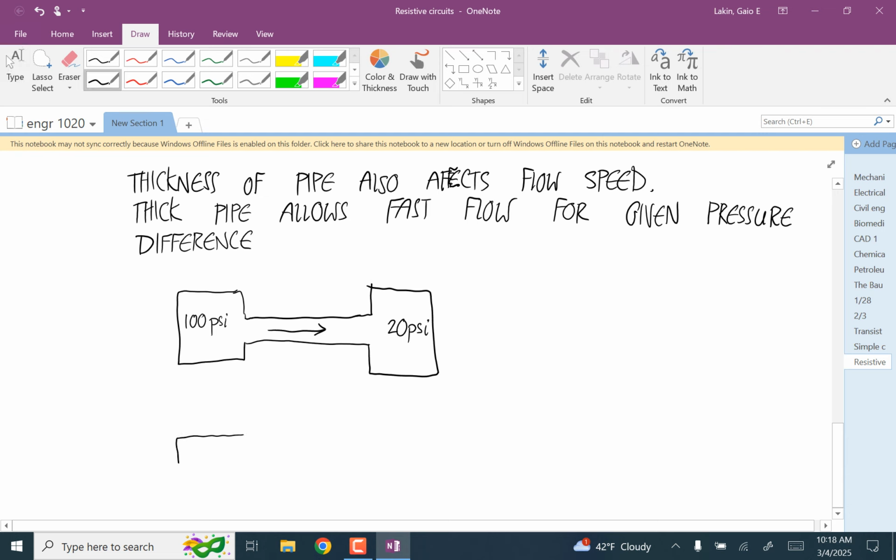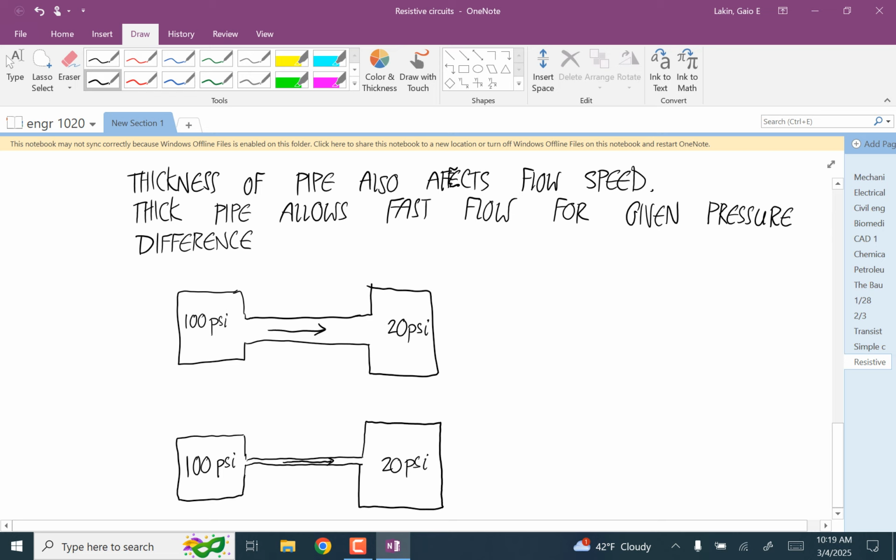And if you compare this to this, with those pressures the same, make this 100 psi and make this 20 psi. The water's still going to flow that way, but the water is going to flow faster.